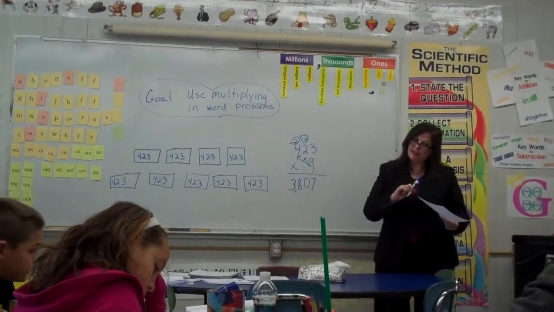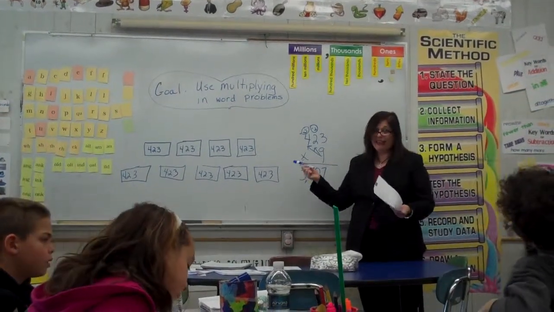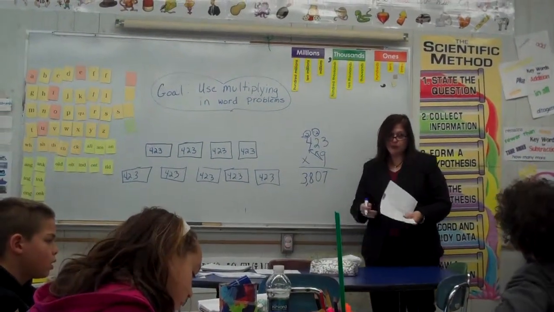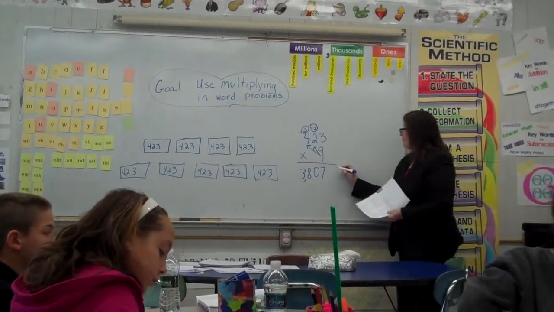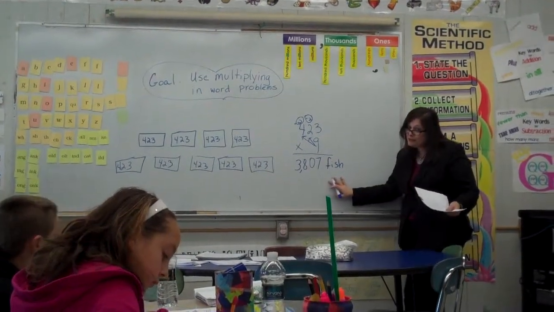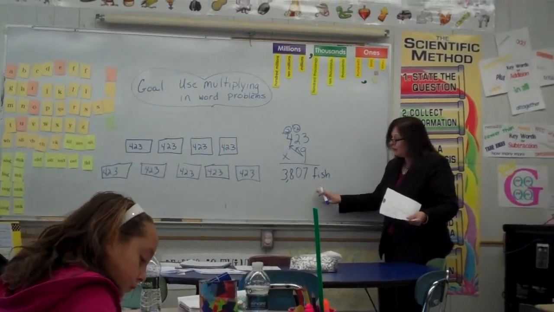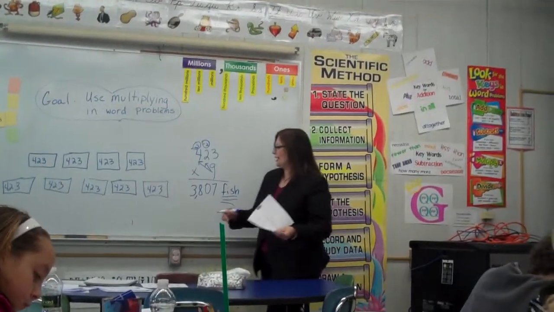What are we trying to find out? We also know that there's 423 in each tank. So, Lewis, what is this number? 3,807 fish. You got it. And what do you always have to do? Put your label.